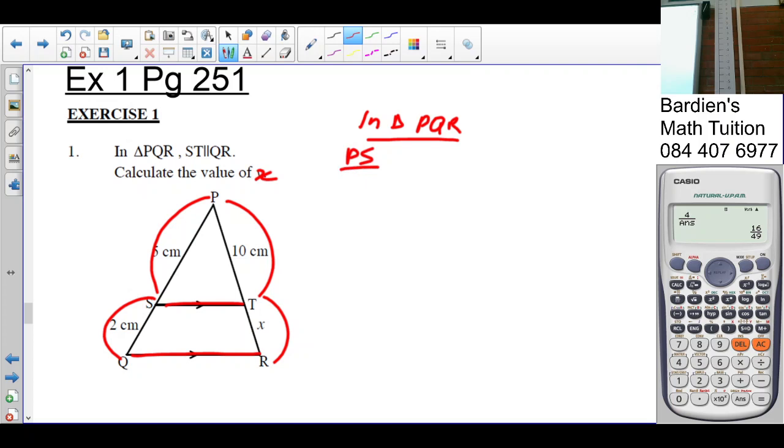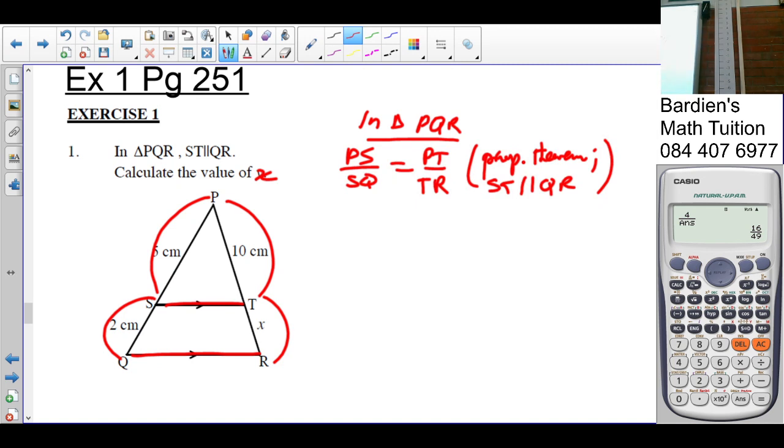PS over SQ is equal to PT over TR. Why? Because of the proportionality theorem with ST being parallel to QR.